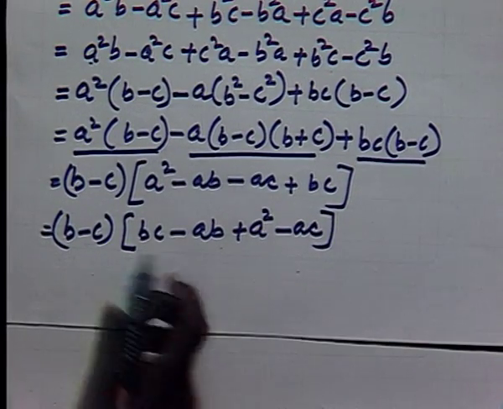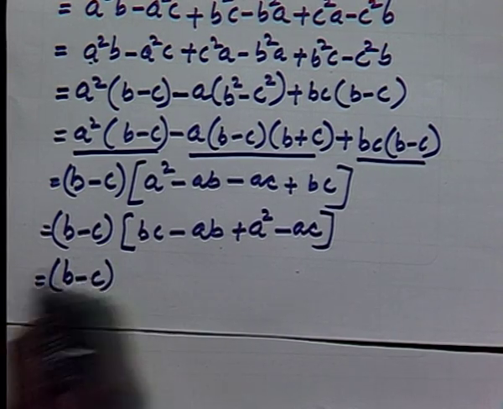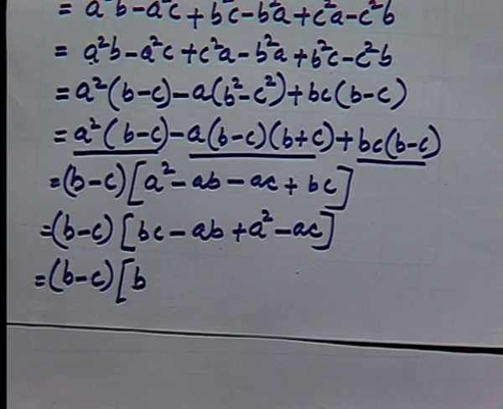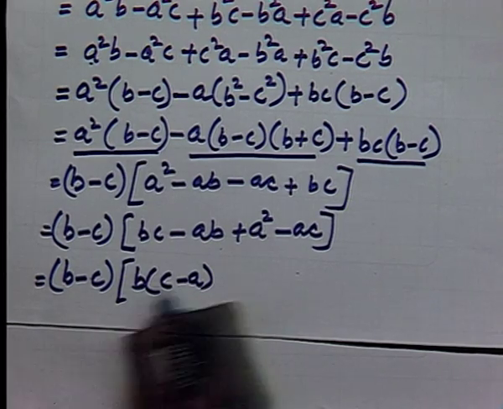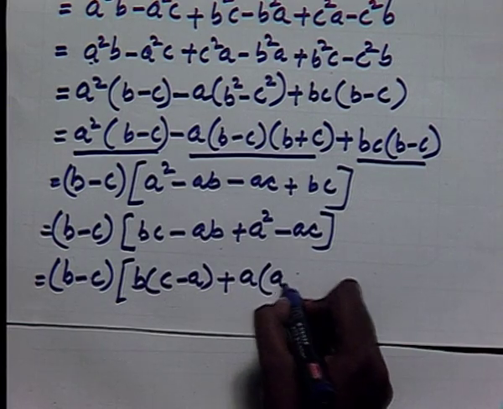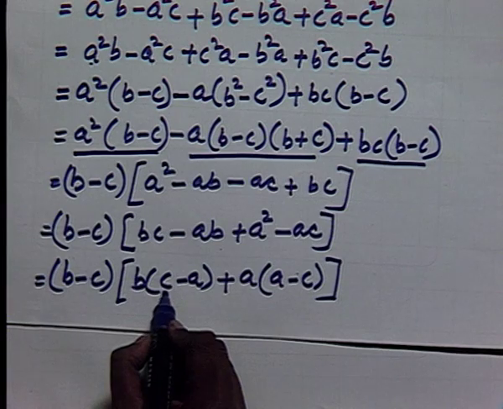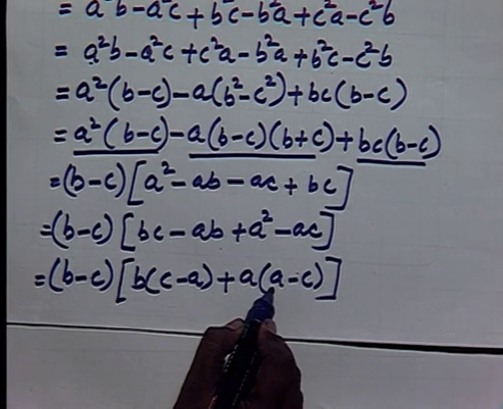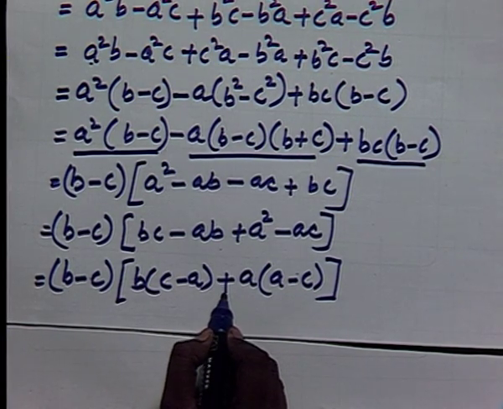Now, again this is equal to B minus C into, from these two terms I can take out B common, this will be C minus A, plus if I take out A common here, A minus C. But A minus C is not written in cyclic order, so we can change this to C minus A by taking out the negative sign here.